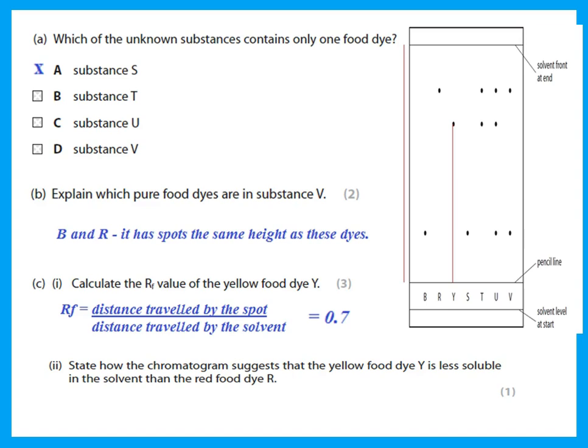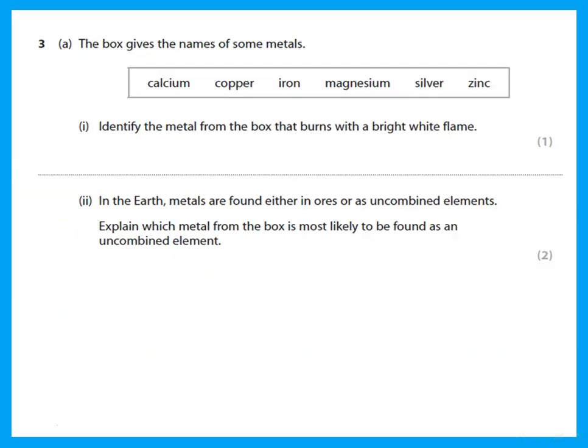The one that does not go up is not soluble or less soluble in the solvent. So, state how the chromatogram suggests that Y is less soluble than R. This is because the spot for R went up higher than the spot for Y. That means that R is more soluble in the solvent than Y.